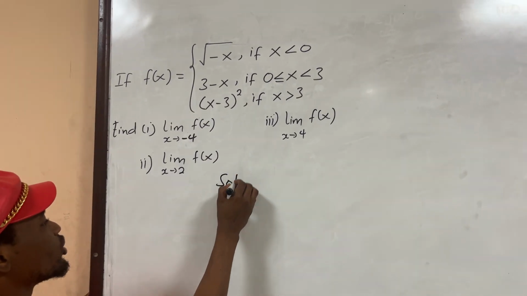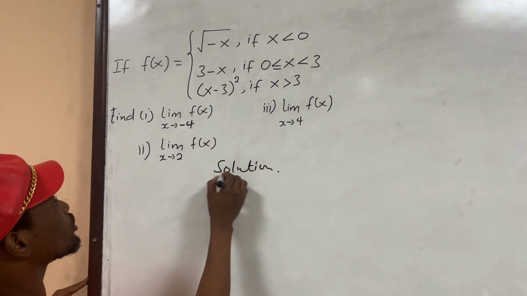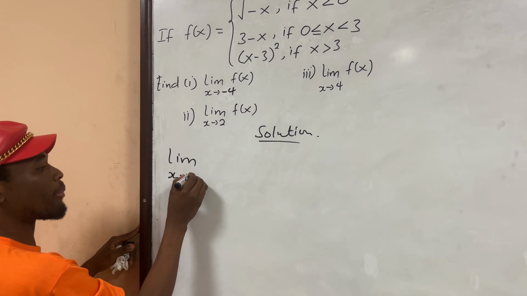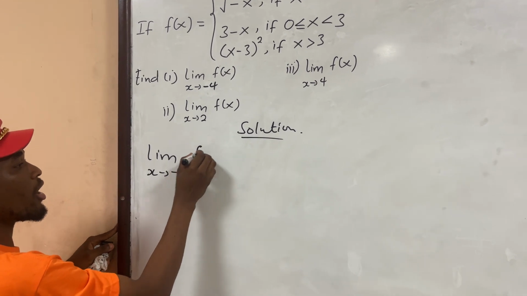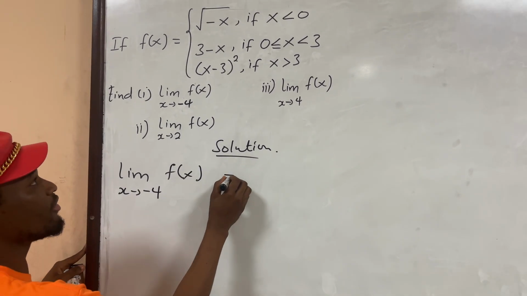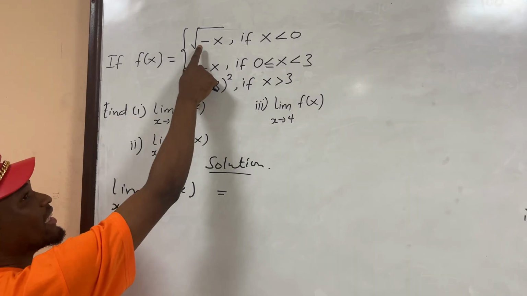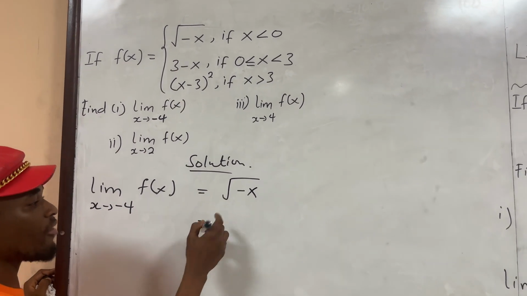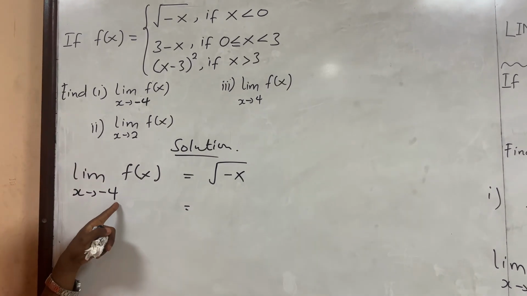So this is how the solution goes. So we have the limit as x approaches negative 4 of f of x is given by the square root of negative 4. Whenever you see x, it goes towards negative 4.